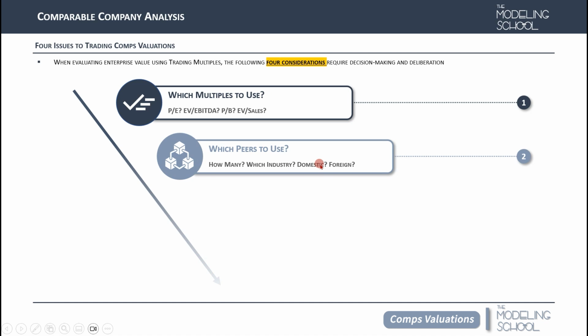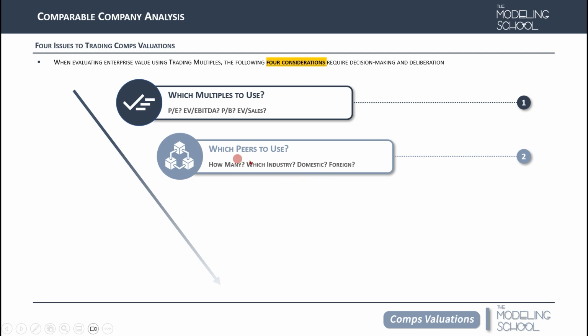That can imply that the peers are not very similar to your target company. So in my personal opinion, maybe 5 to 10 companies is ideal, with a minimum of 3, or at maximum around 15.